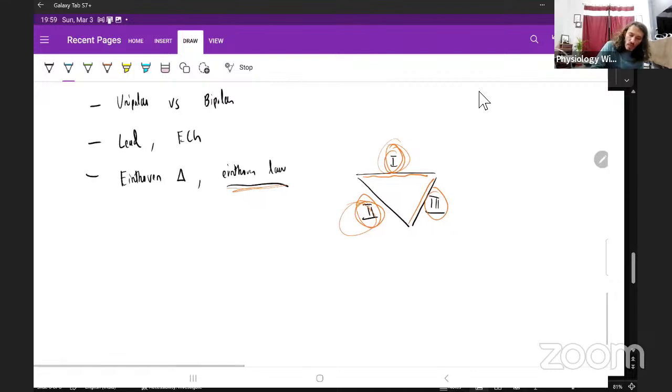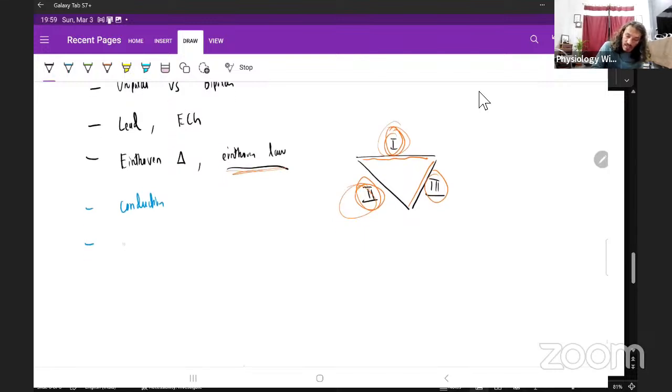Then your normal conduction, your ECG with a neat labeled diagram and describe the cause of each wave. Then again, heart rate calculation.